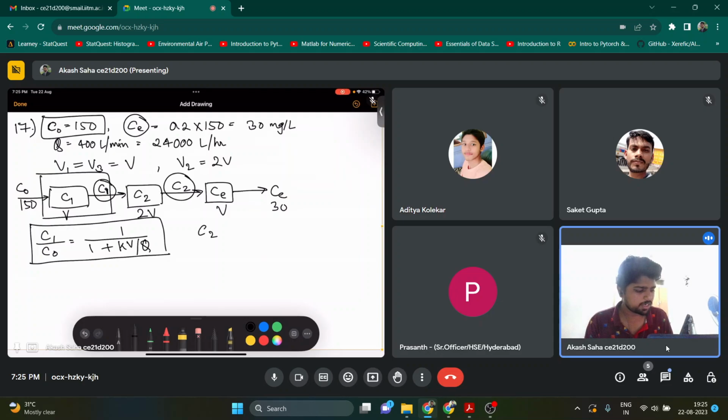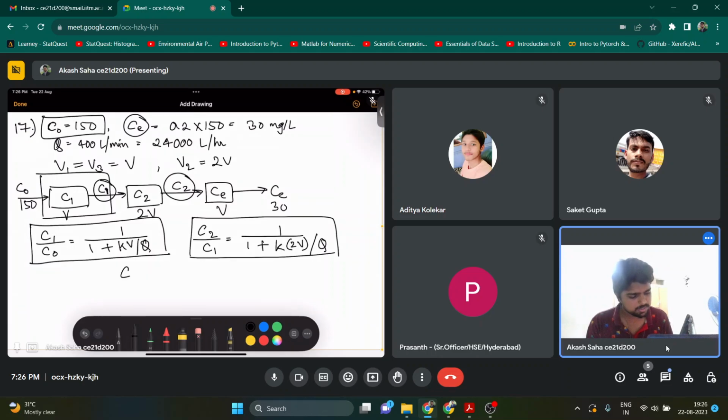Second equation: C2 divided by C1 will be equal to 1 by 1 plus k into 2V by Q, because the volume is twice in the second reactor. And my third equation will be Ce by C2, equal to 1 by 1 plus kV by Q.